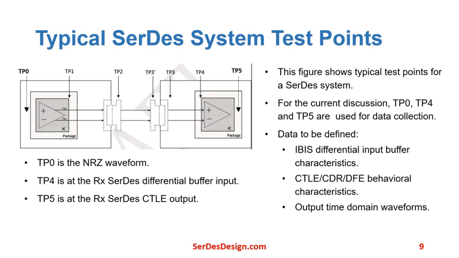The data collected at TP4 is the Rx SerDes differential input. TP5 is the Rx CTLE output or Rx DFE output. The data collected includes the IBIS differential input buffer characteristics, the CTLE, CDR, and DFE behavioral characteristics, and output time domain waveforms.